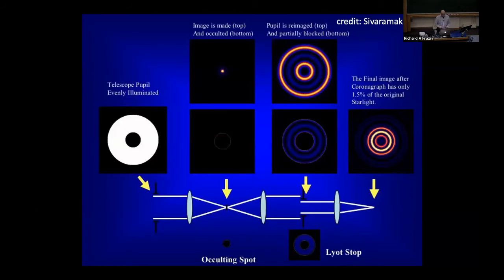So how does this Lyot coronagraph work? Well, here on the far left, what we see is the beam from the telescope filling the entrance pupil of the coronagraph. The spot in the middle represents the secondary mirror, so that blocks part of the beam.